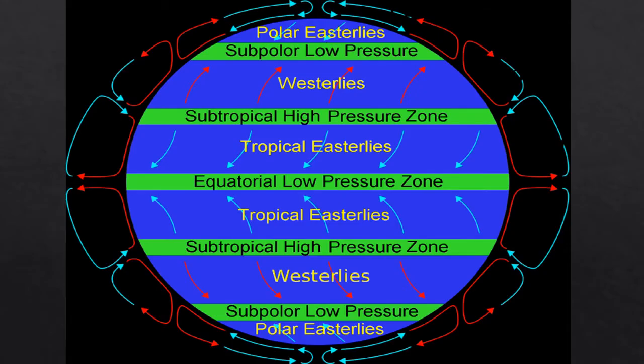So at 60-degree latitudes, we have a low pressure system because we have rising air. Along the equator, the air is rising because of convection. And at subpolar lows, we have rising air because of convergence. This rising air also spreads out, cools and sinks. The same thing happens in the southern hemisphere.